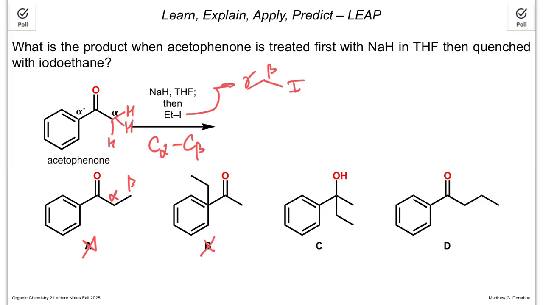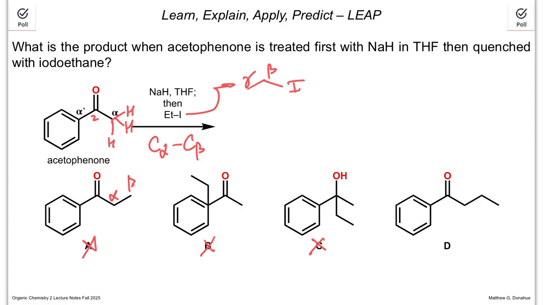B is wrong for many reasons, because we have a carbon with too many bonds, and then it's done something where the alpha carbon is non-enolizable. C is not correct because we started at oxidation state 2.